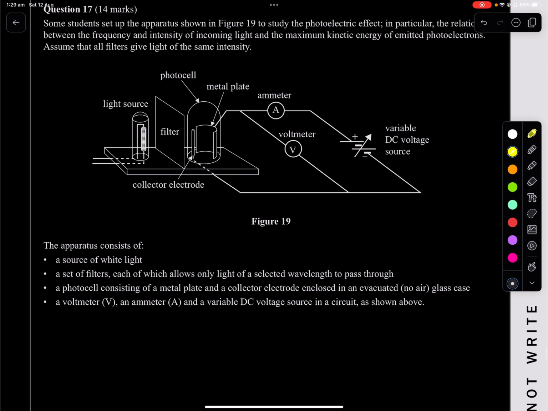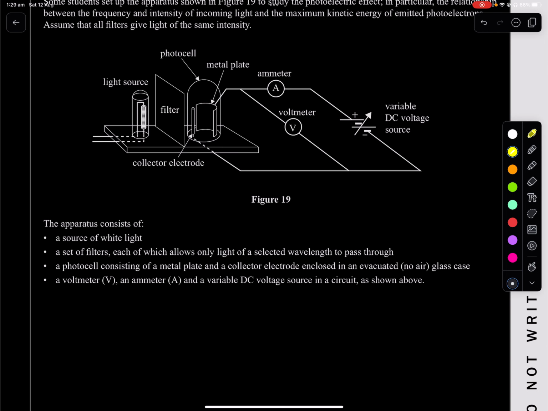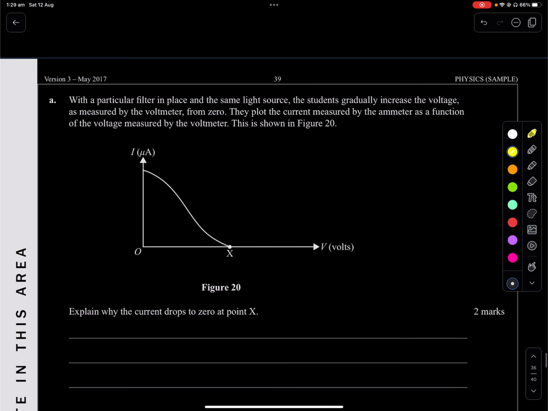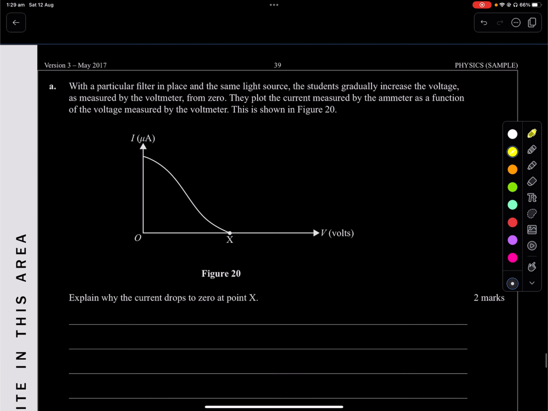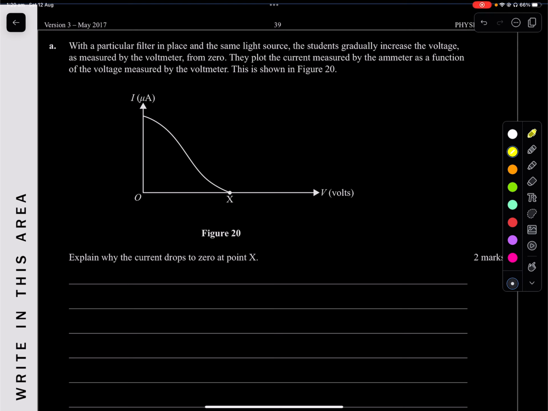The apparatus consists of a source of white light, a set of filters, each of which allows only light of a selected wavelength to pass through, a photocell consisting of a metal plate and a collector electrode enclosed in an evacuated glass case, a voltmeter V, an ammeter A, and a variable DC voltage source. With a particular filter in place and the same light source, the students gradually increase the voltage as measured by the voltmeter from 0. They plot the current measured by the ammeter as a function of the voltage measured by the voltmeter. Explain why the current drops.